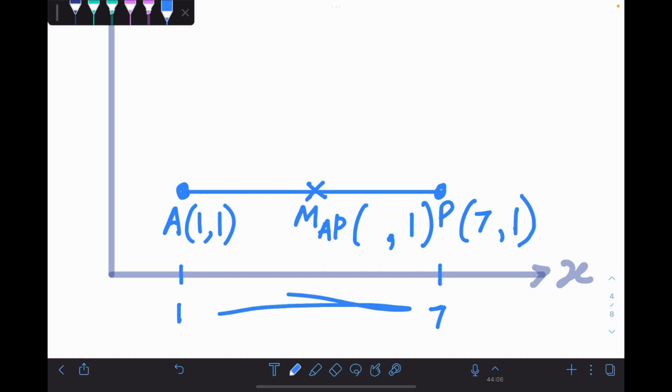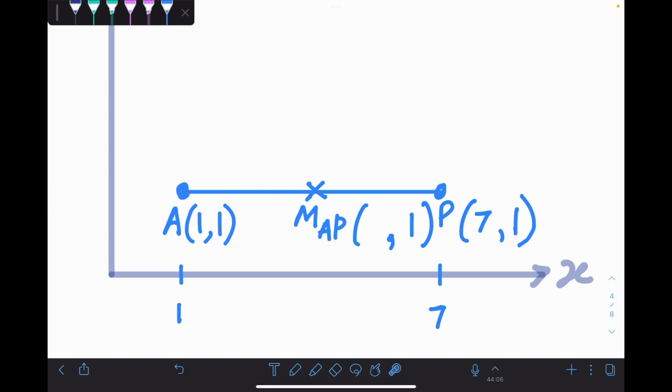I could just guess, I suppose, like 3 or 4 or 5, but I don't know if it's really the right answer. If it's 1 here, it's not going to be 2 because that's too close to 1 and too far from 7. It can't be 6 because it's too close to 7 and far away from 1.